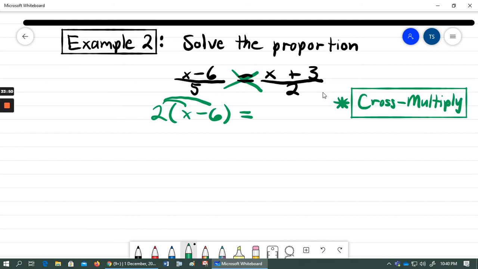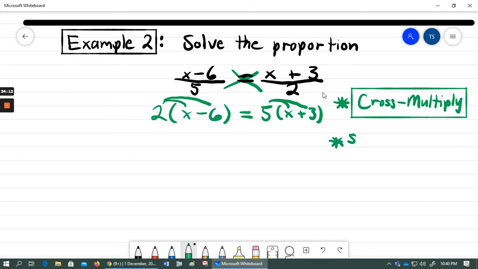All right, and then if you do the other cross product, that will be 5 times x plus 3. You're going to have to distribute the 5 into this. You're going to have to use the distributive property, which is really just a part of us solving for the variable.